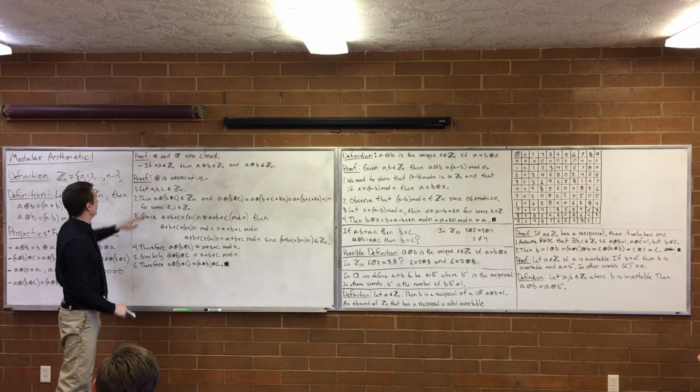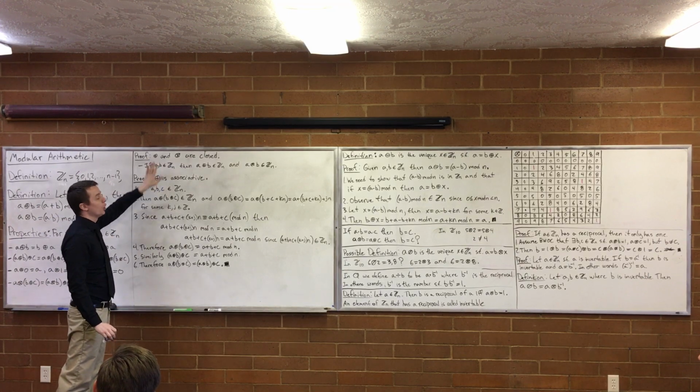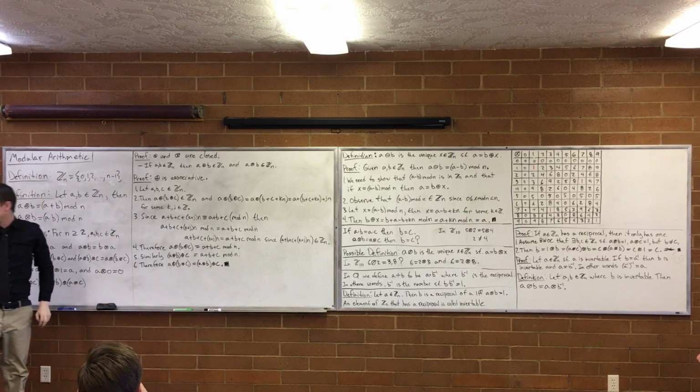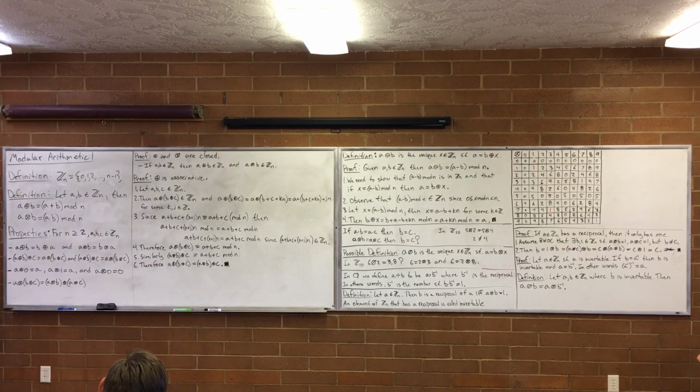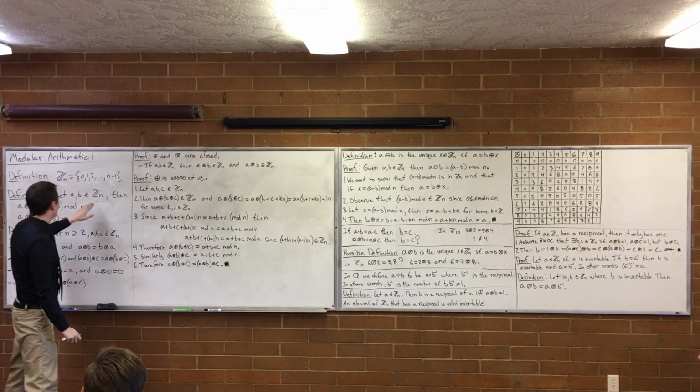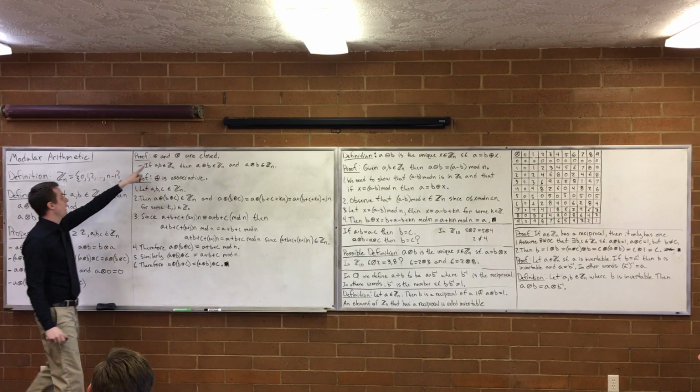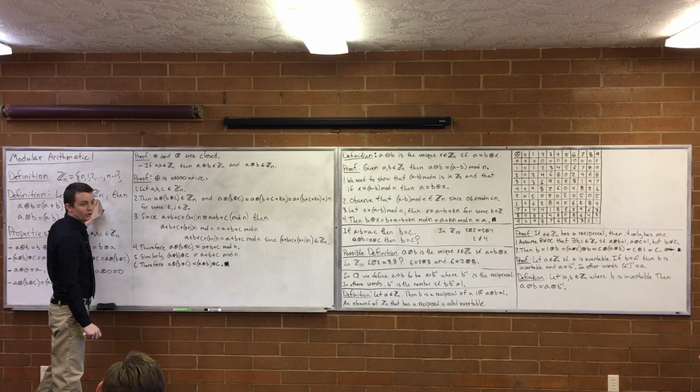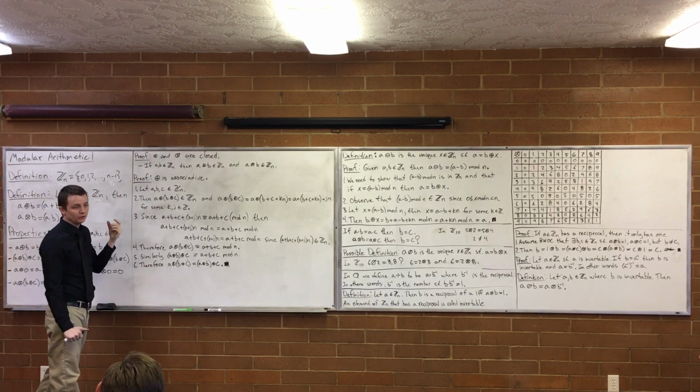The first thing I'm going to make you prove is that these are closed. What it means for an operation to be closed is it gives you elements in the set. So, if I take an element from Zn and I add it with an element from Zn, the result is an element from Zn.